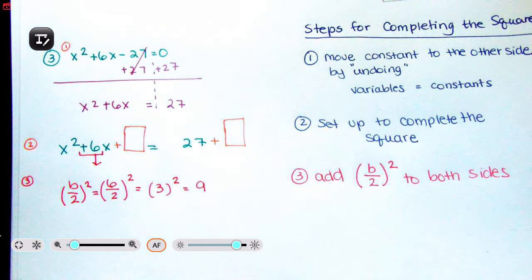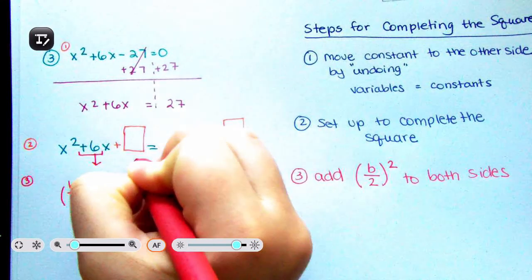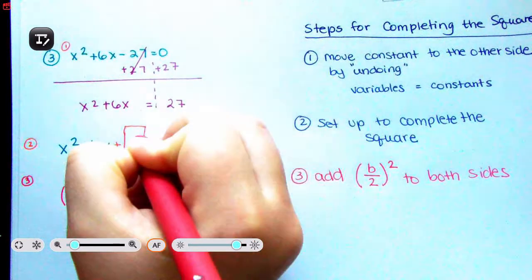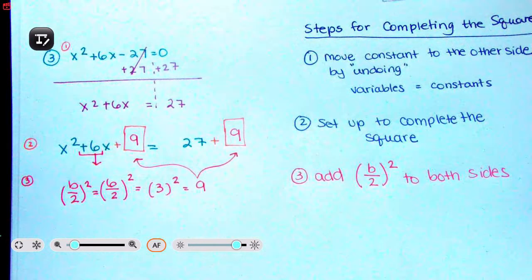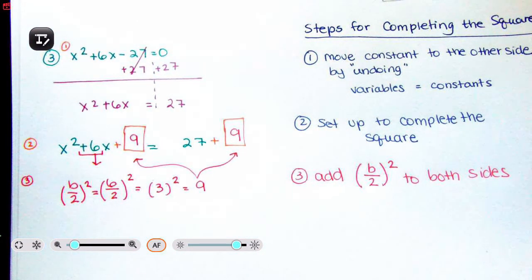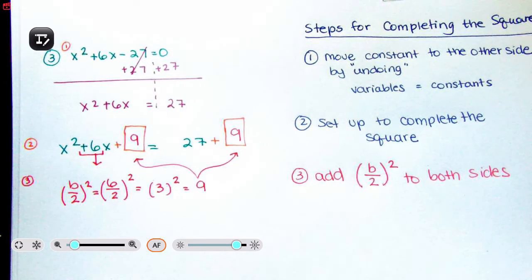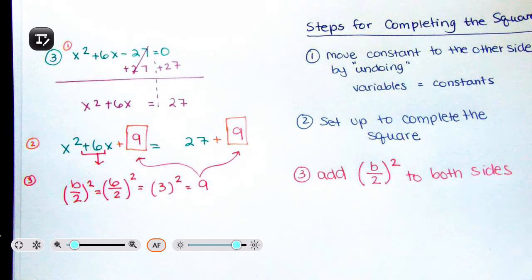So I'm going to take that 9 and I'm going to go back up and add it to both sides. Remember, we want our equation equal. So if you do one thing to one side of the equation, you must do the exact same thing to the other side, or else it will not remain equal. We need it to be the same equation that we started with. All right, so that's step number 3.